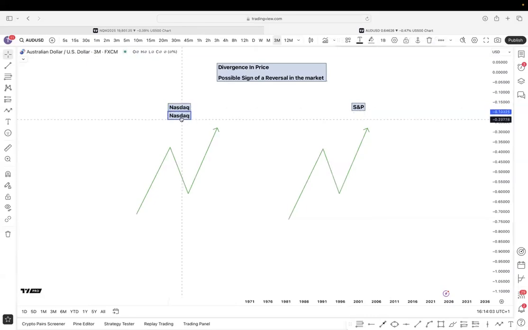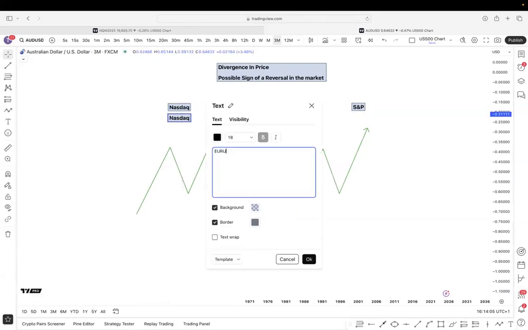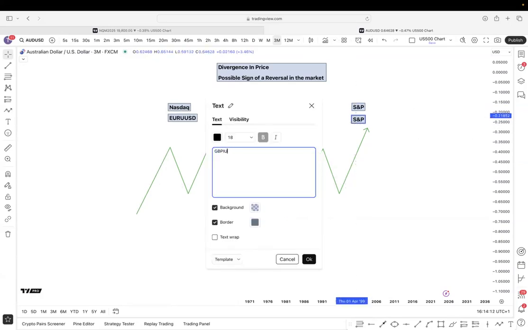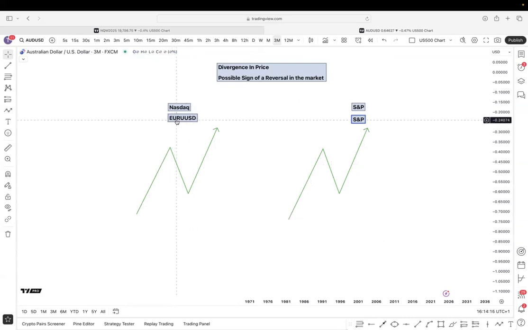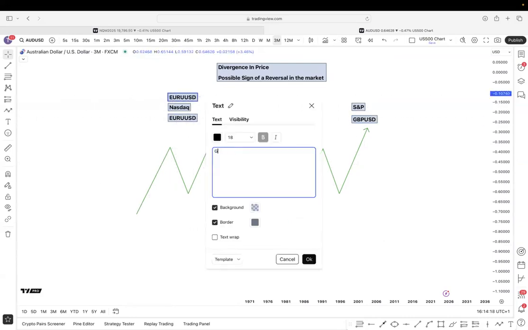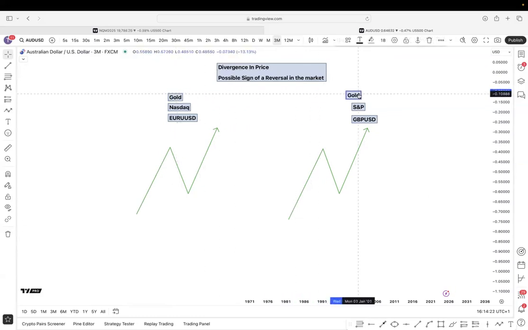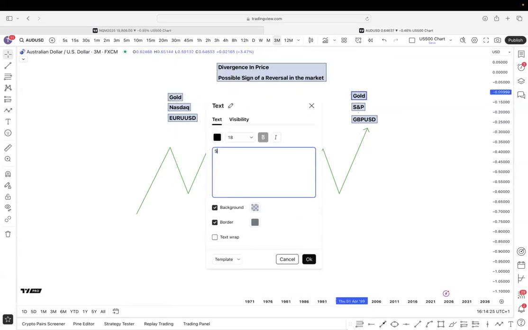Vice versa, if you're trading with Euro USD, you would be looking at the correlation between Euro USD and Pound USD right here. And again, if you're looking at something like gold, you would be looking to trade that in correlation with silver.